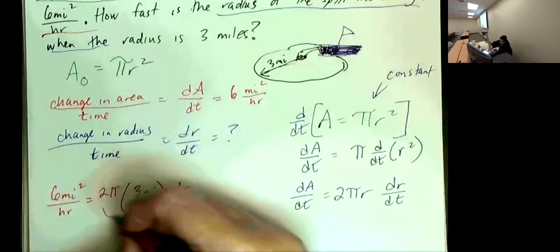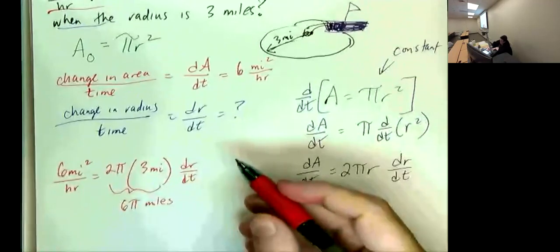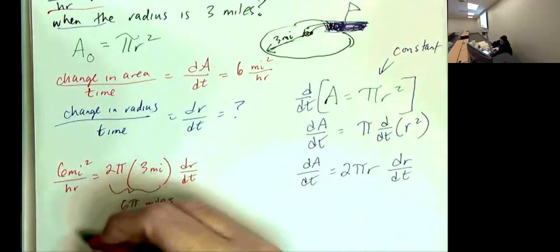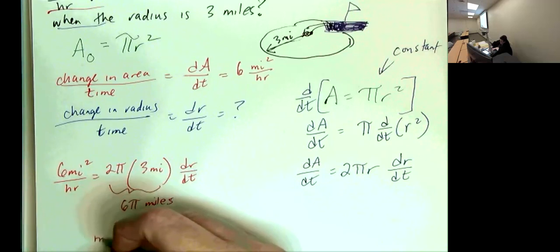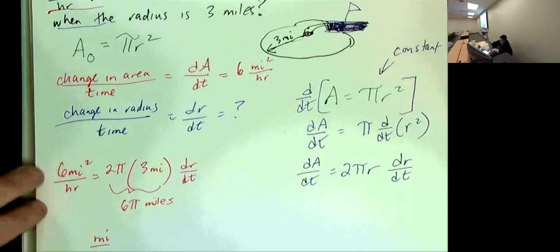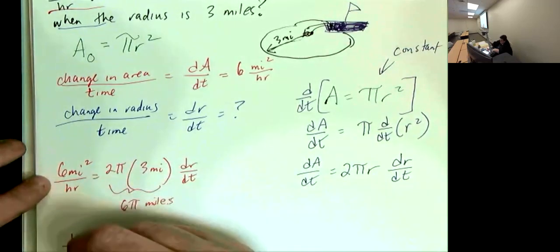So that's just 6 pi miles. If we divide both sides by 6 pi miles, we get just miles per hour left. One of the miles on top cancels with the miles here. The 6 is canceled and we're left with 1 over pi.